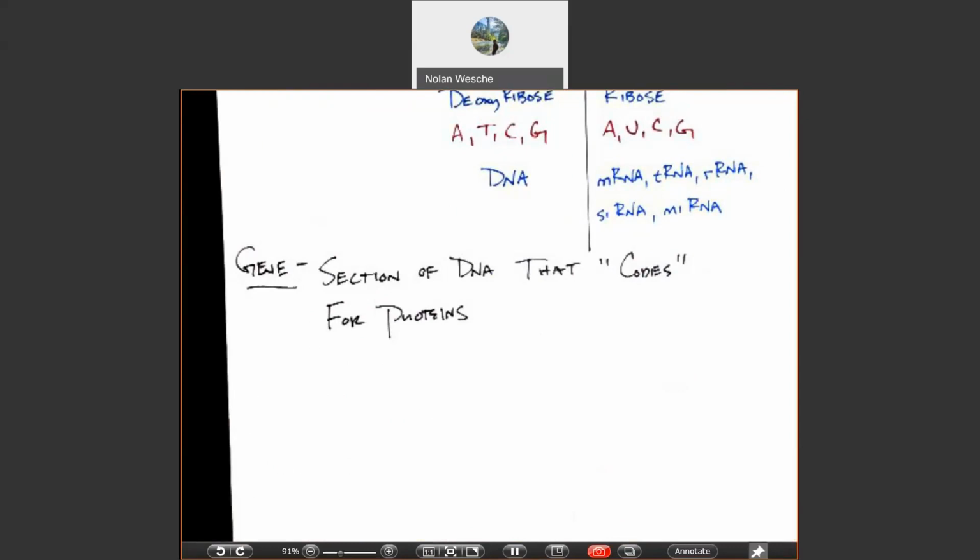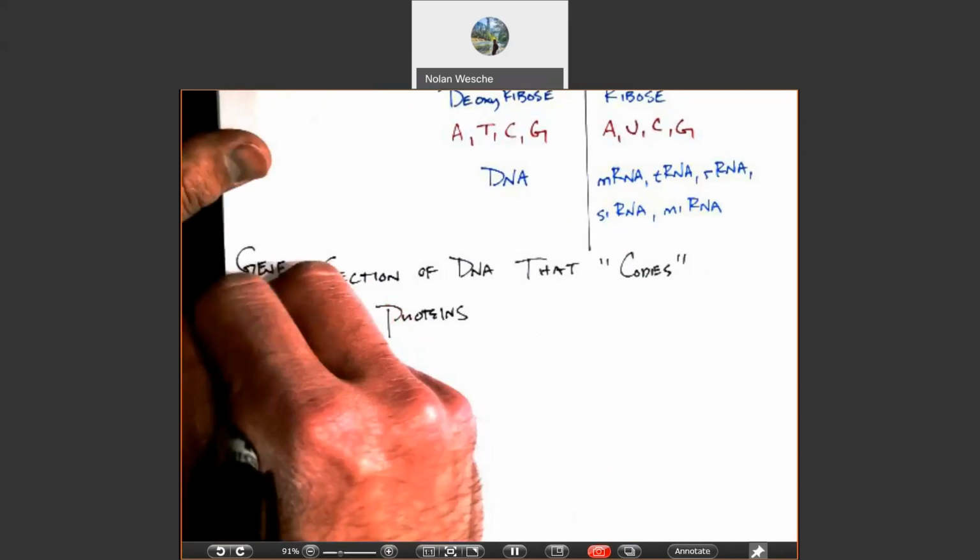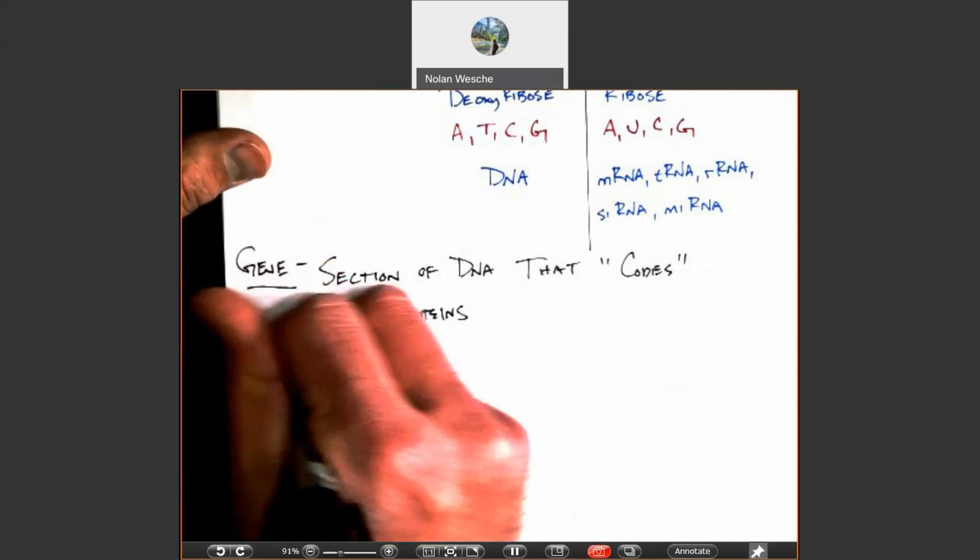So the DNA is going to want to be kept in the nucleus. It's not going to want to be shuttled back and forth because there are lots of nucleases out in the cytoplasm that could impact and damage the DNA. So we want to keep it housed securely in the nucleus. We need to be able to make a copy that can be brought out of the nucleus to the cytoplasm and the ribosome where proteins are going to be manufactured. The process of doing that is called transcription.